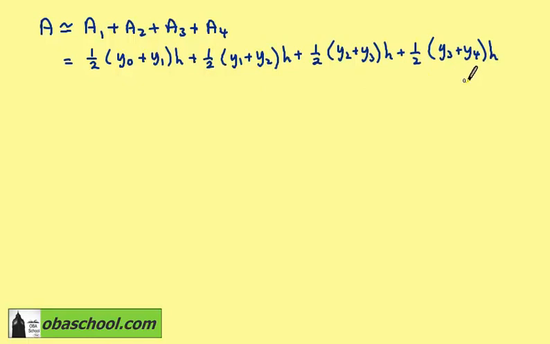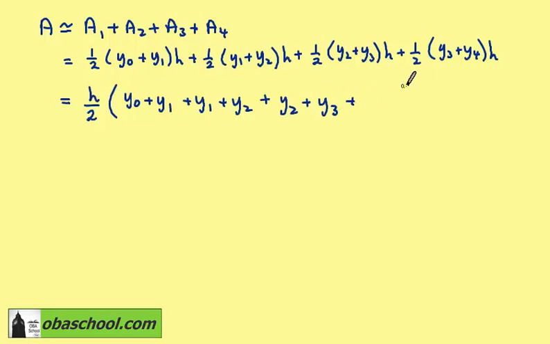If we look at this expression, we can see a common h and a common half, so we can take out a factor of h over 2. If we then open the bracket, we have y0 and y1, y1 and y2, y2 and y3, and y3 and y4.